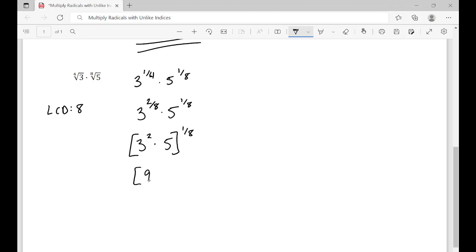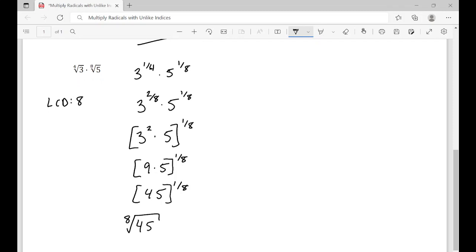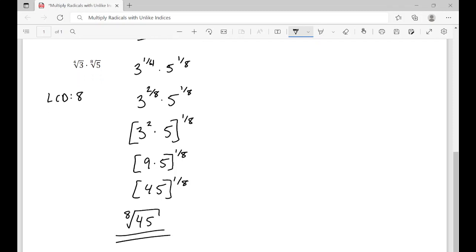I'm going to get 9 times 5, which is going to give me 45 to the 1/8. And finally, again, because I had roots here, I'm going to end with roots, so I'm going to move the 8 back in front as the index. So I'm going to have the 8th root of 45. And that's what happens when you multiply these two radicals together with different indices.